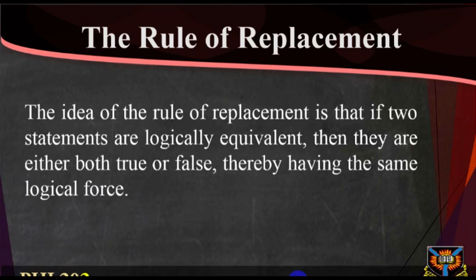Number 6. Transposition, known as TRANS. (P then Q) if and only if (not Q then not P). Number 7. Material implication, MI. (P then Q) if and only if (not P or Q).